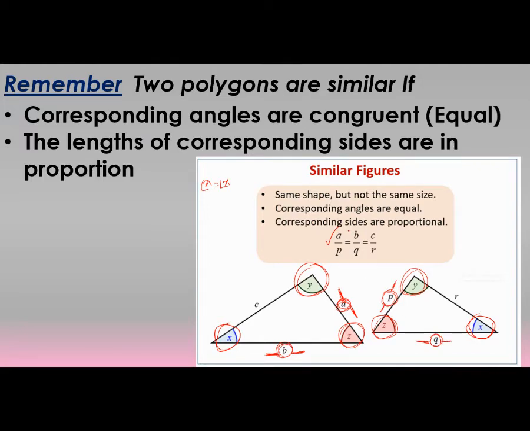Therefore, B over Q, and the third side, C over R. So these sides are proportional. Proportional means you know how to compute the proportion.